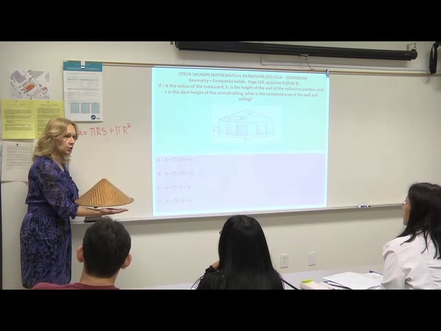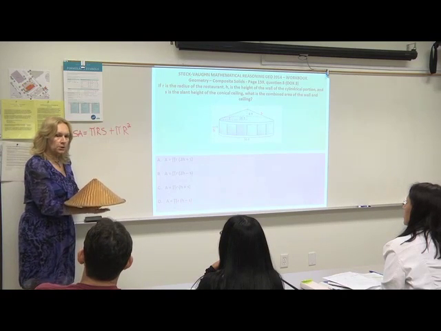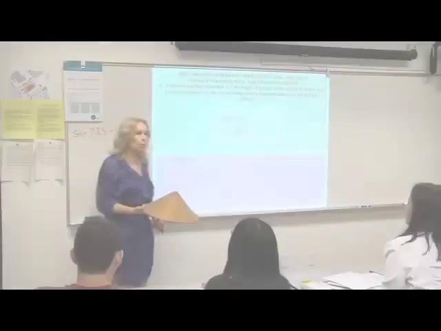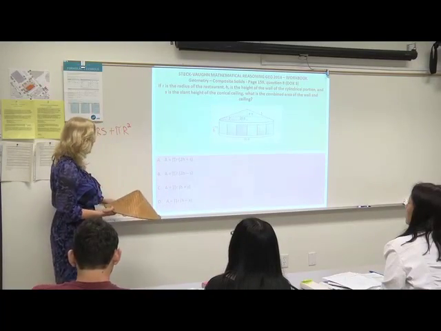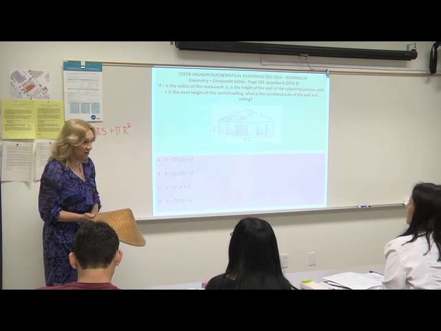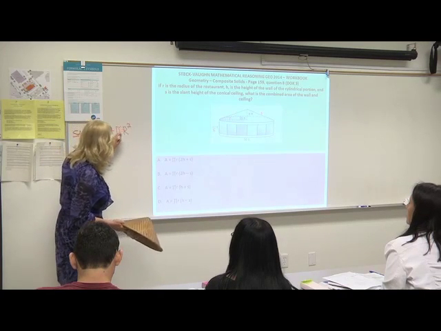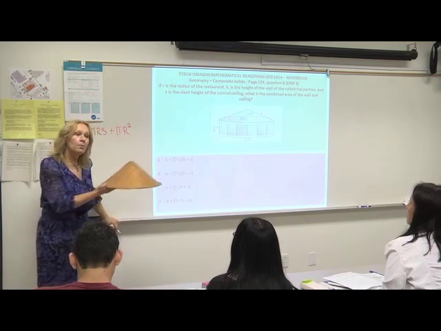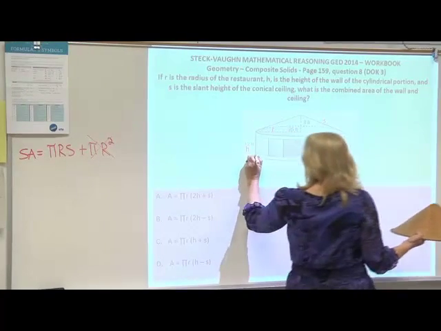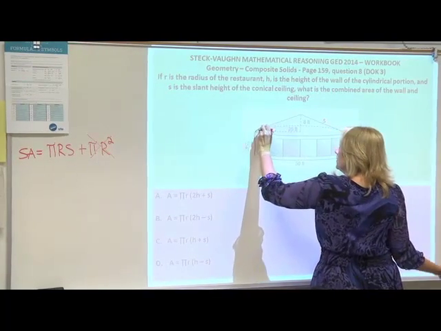Do I need to know the area of the bottom of the cone for this picture? No. So when you get your formula, you need to exclude what's not necessary, okay? So this is not part of it. What is the area? You want to know this.